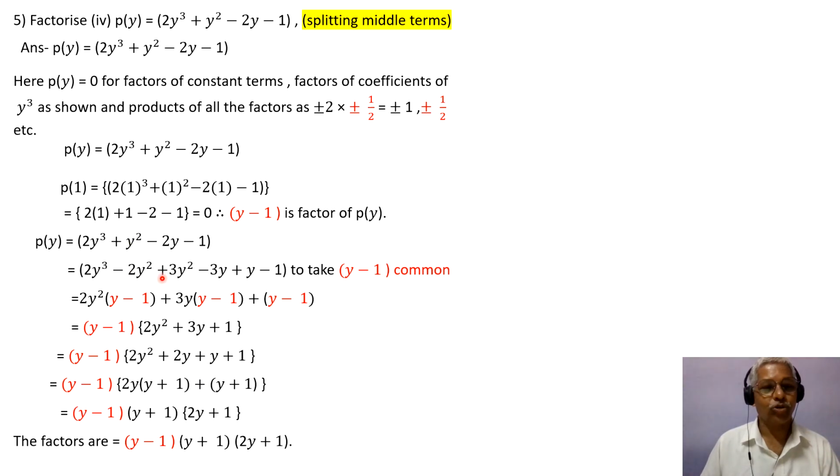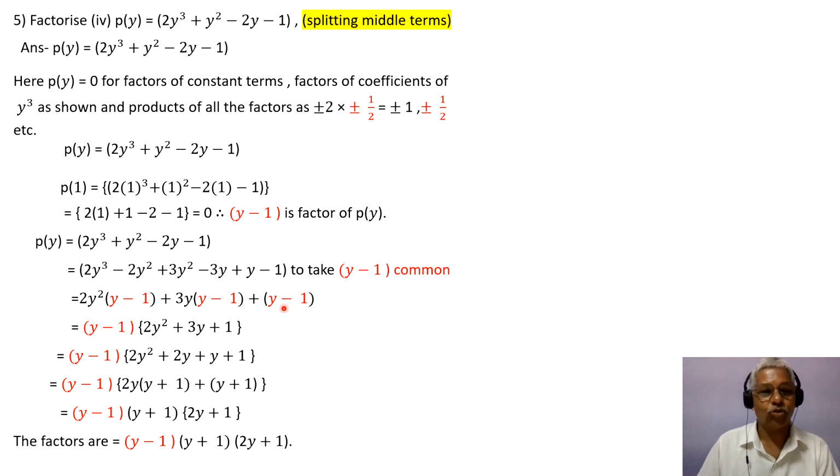So minus 2y square plus 3y square is y square. Now here, this minus 2y is to be written as minus 3y plus y, so that I can take 3y common, and we will be left with y minus 1. And here it is y minus 1, because y minus 1 is a factor, this is going to happen. So I am taking 2y square common and left with y minus 1 in the bracket, plus 3y into y minus 1, and y minus 1.